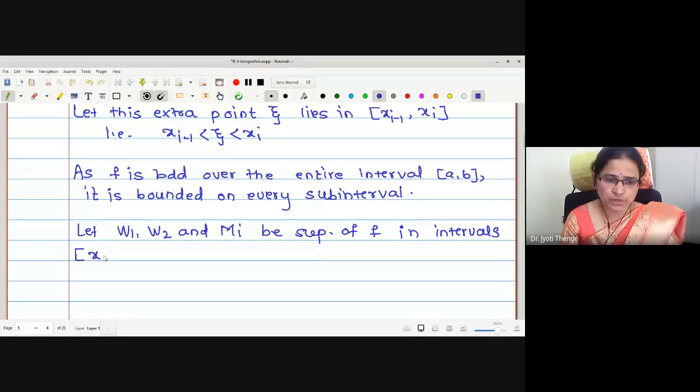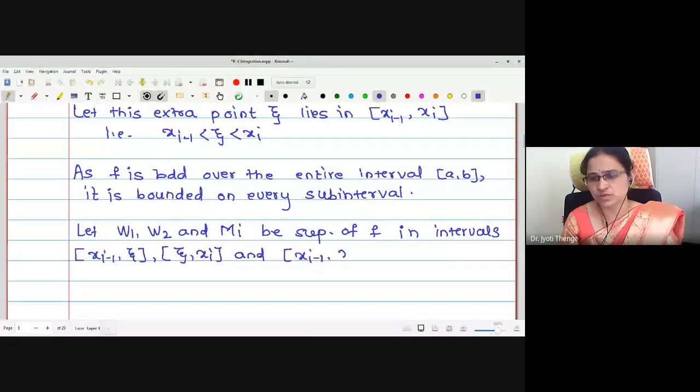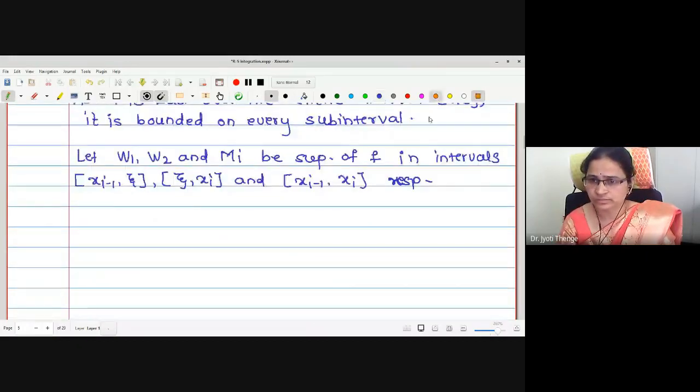Okay, first W1, the suprema I am going to consider in the interval xi minus 1 to zeta, W2 be the suprema in zeta to xi, and mi be the suprema in the ith subinterval xi minus 1 to xi respectively. See, this is what I want to tell you.